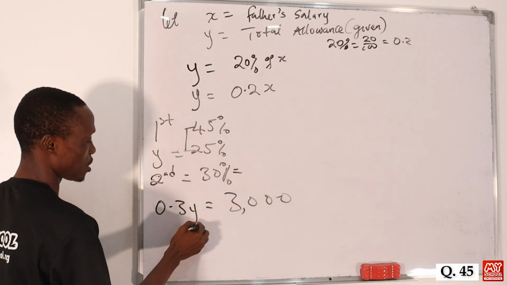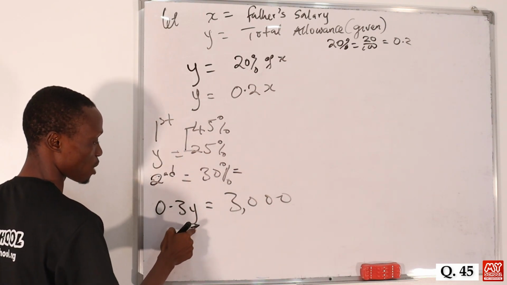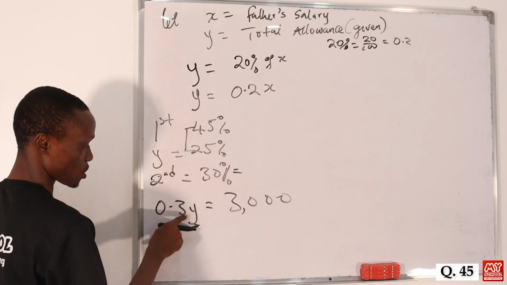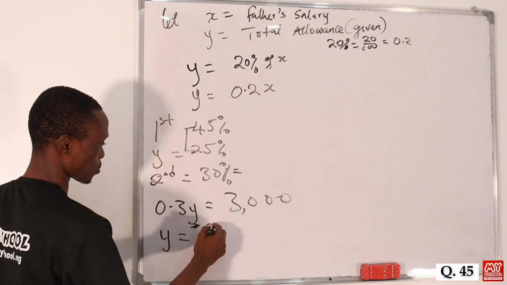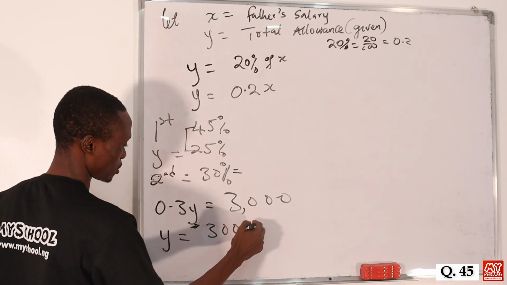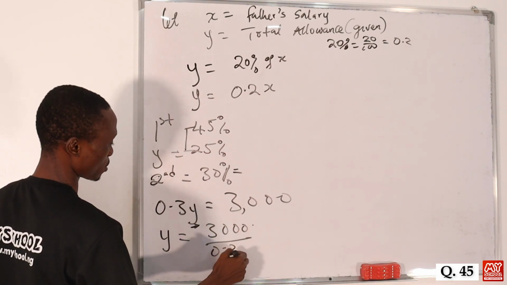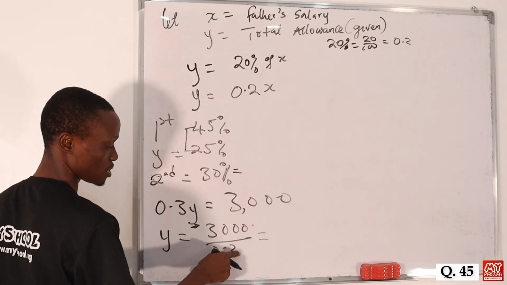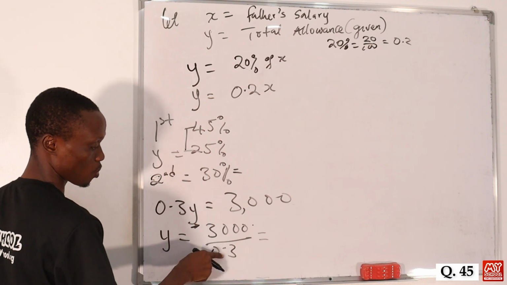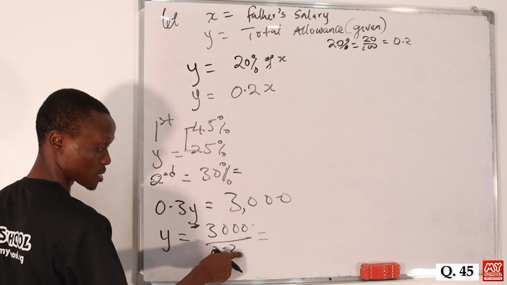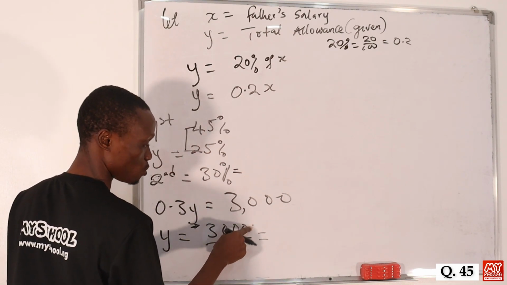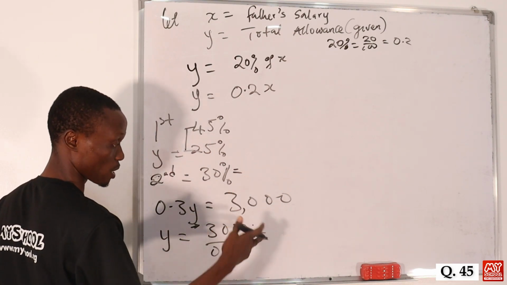So from here we can get the value of y. We divide both sides by 0.3, so that y is equal to 3,000 divided by 0.3. To make this divisible, we multiply the denominator by 10, because once we multiply the denominator by 10, this decimal point will go away, and we also multiply the numerator by 10, so that we have an equivalent fraction.